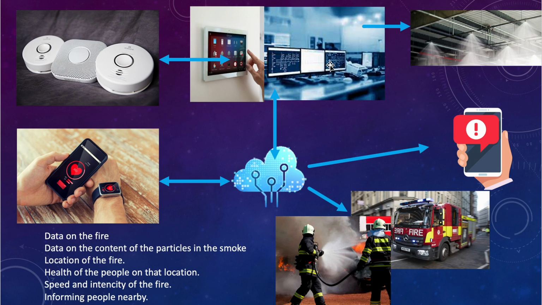They can control the water sprinkler system through the control room. So then there is a connection of IoT. Already the control room can send notifications to the building owner or the people in the building if there's a fire.